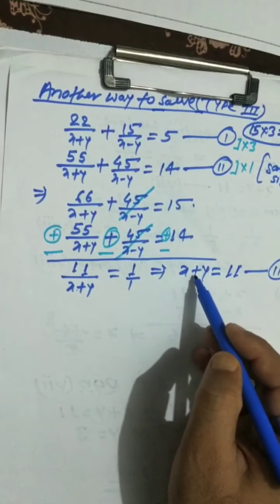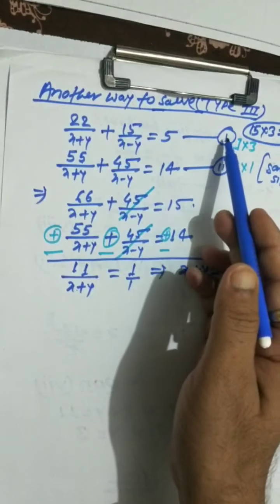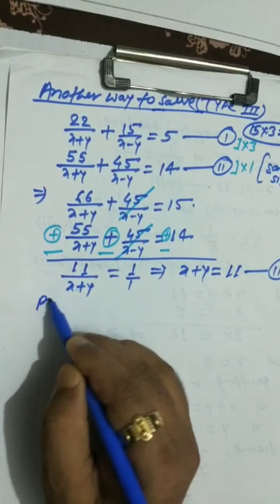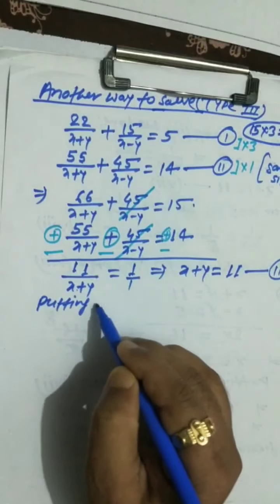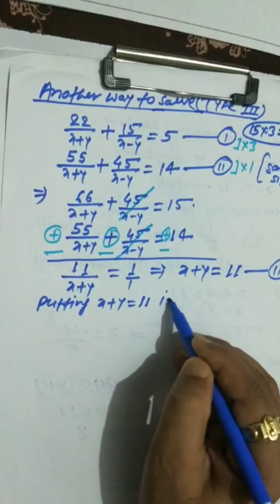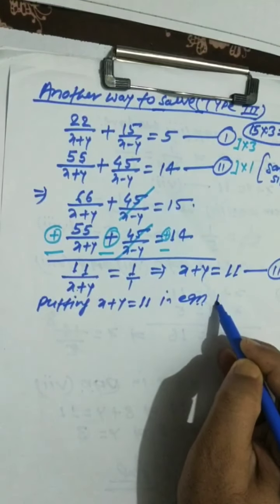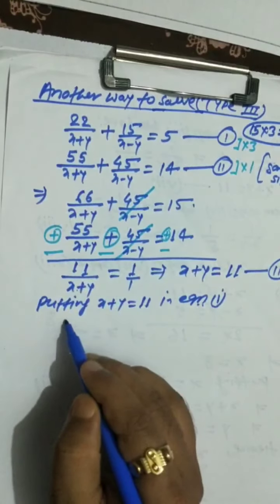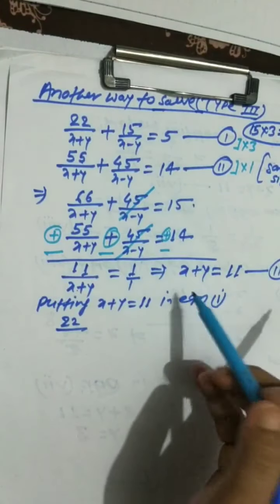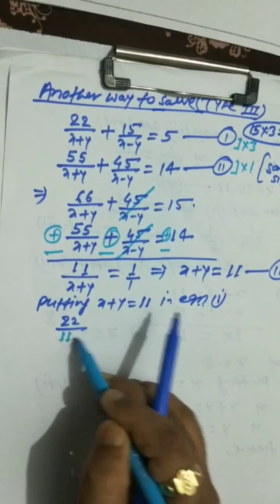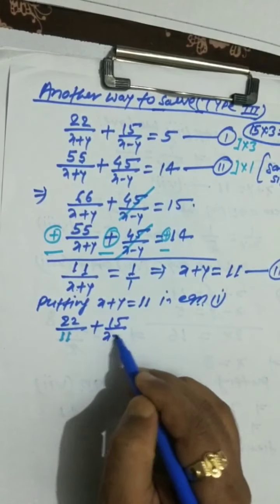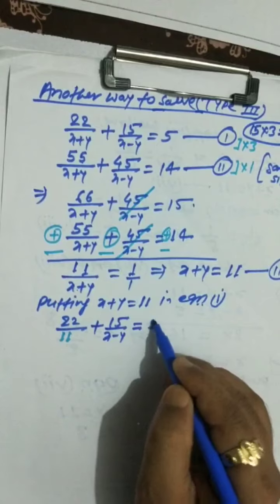And now you have to put the value of x plus y in any equation, either in equation first or in equation second. So let us put x plus y is equal to 11 in equation first. So it will be 22 upon the value of x plus y, which is 11, plus 15 by x minus y is equal to 5.